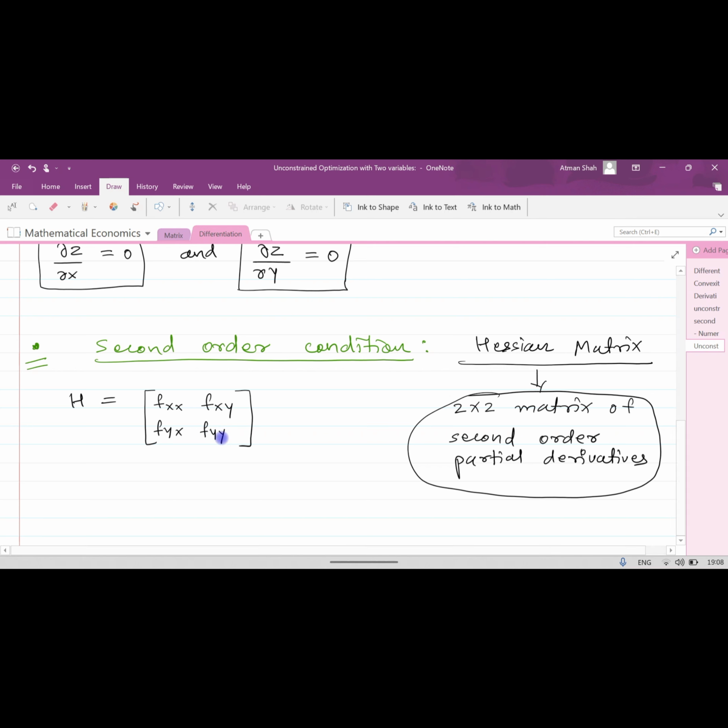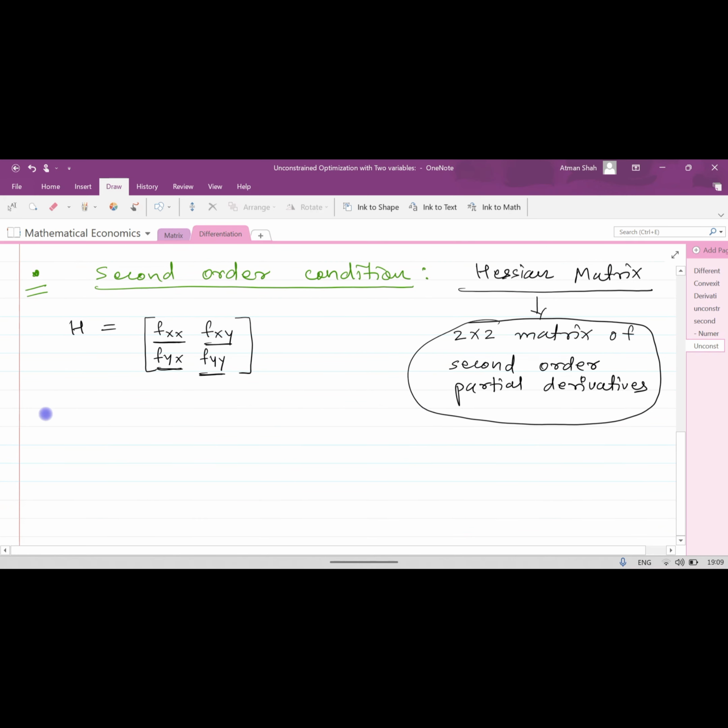Here you can see we have the second order partial derivatives of our objective function. fxx is the partial differentiation of the function with respect to x and again x. Then we have fxy, fyx and fyy.